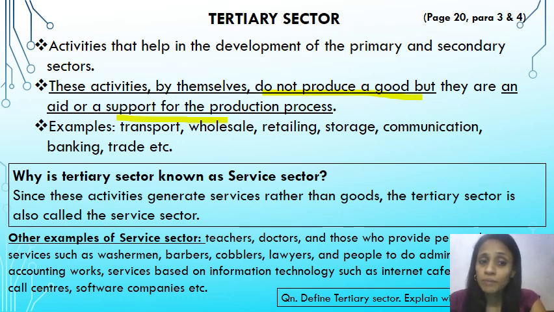For example, the production of primary and secondary require transport, marketing, that is wholesale and retailing, storage, communication, banking, etc. So these activities generate services rather than goods. The sector is also known as service sector.